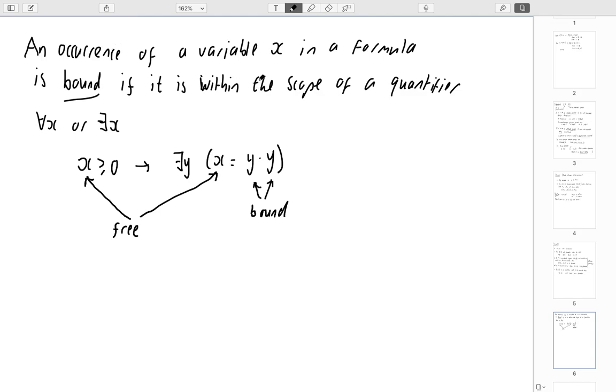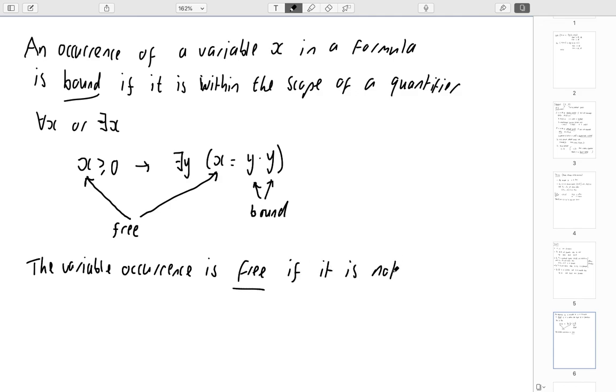So let's just continue the definition here. A variable occurrence is said to be free if it is not bound.